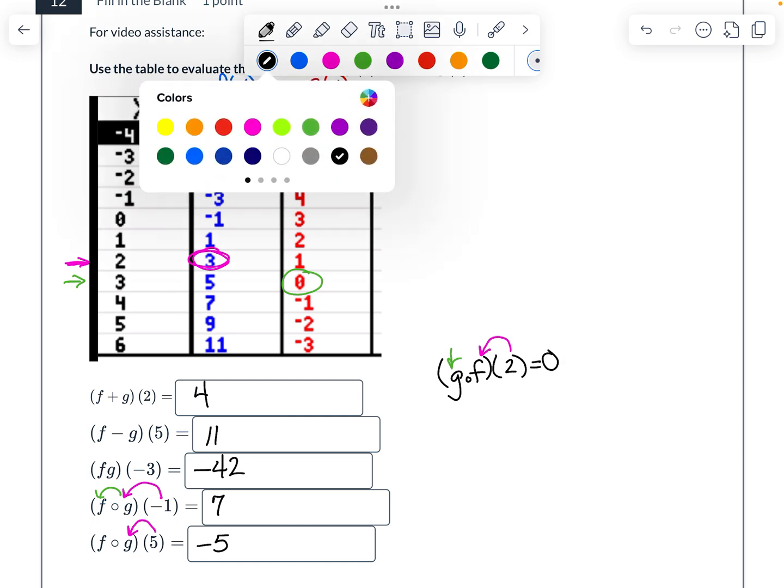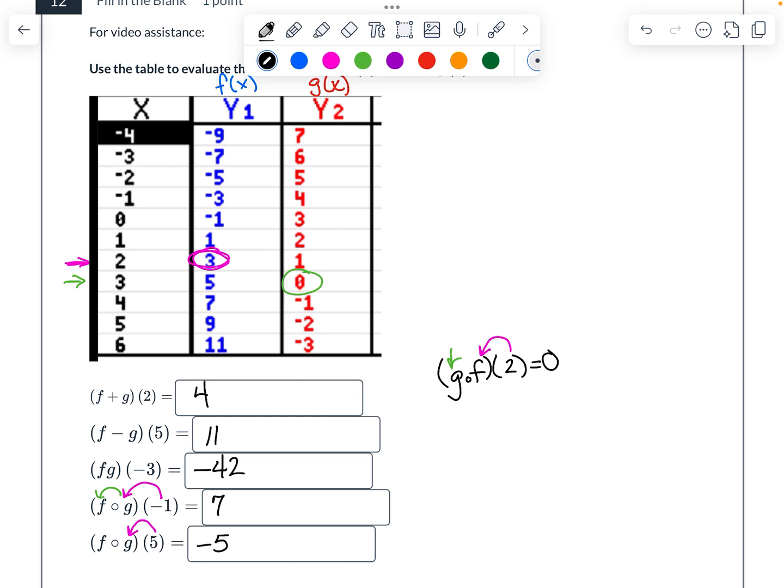Another one that bothers people, it shouldn't, but it does, is if for instance, they give you f composite f of, let's say, negative 1. If they ask you for f composite f of negative 1, then we are going to first go to f of negative 1.